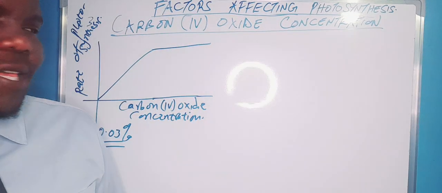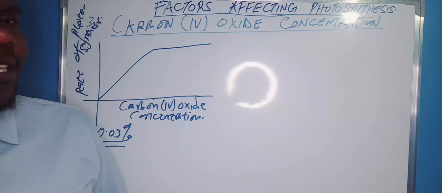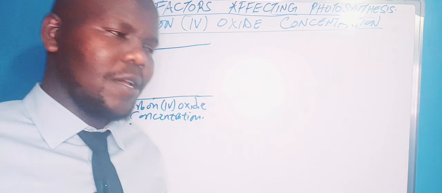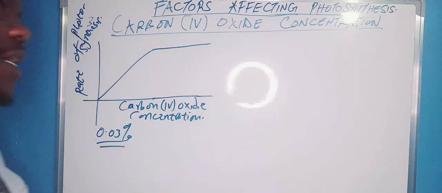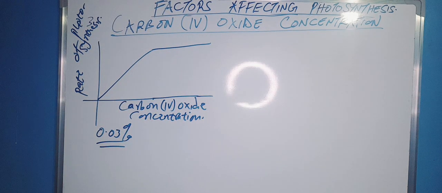And according to me, the main reason is that it is a toxic gas, and it's causing a lot of problems nowadays when it comes to its accumulation. It has caused the greenhouse effect, which has led to global warming. And in a few years to come, if we don't rectify this, it will lead to climate change.